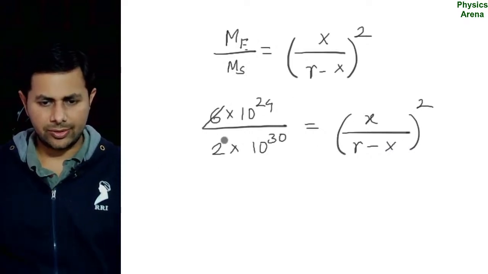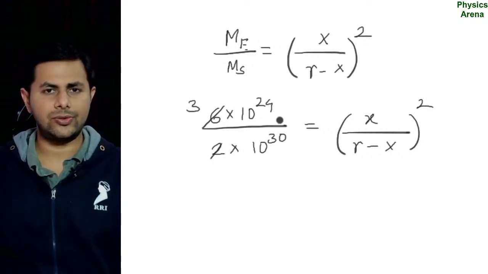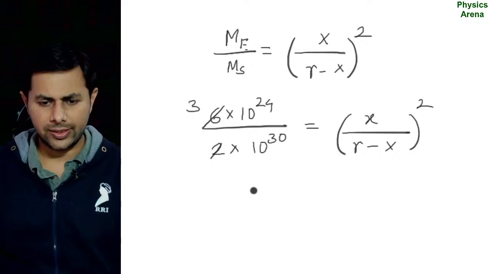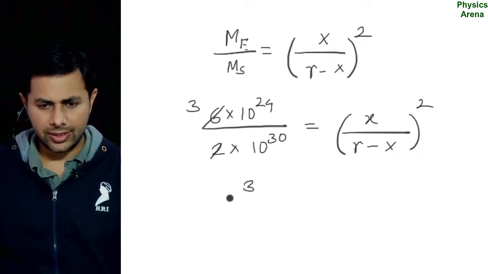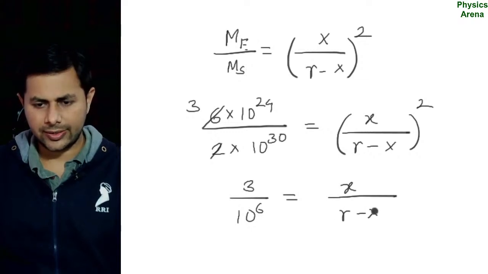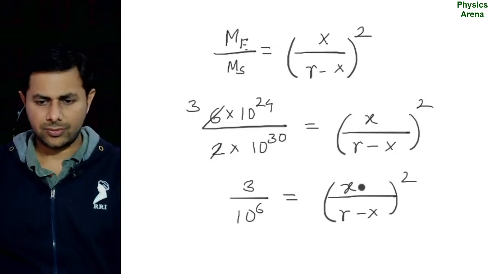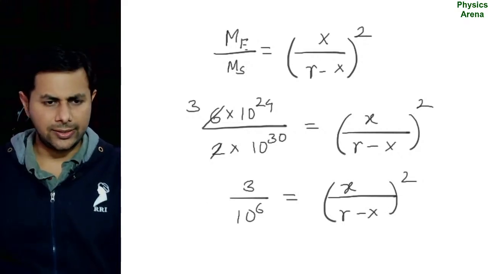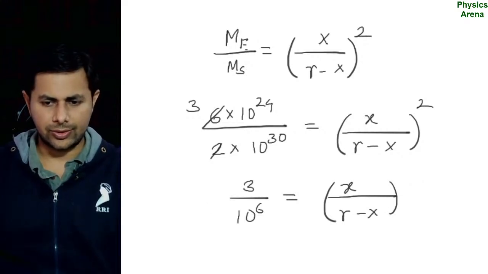Now 6 divided by 2 is 3. Then 10 raised to 30 divided by 10 raised to 24 is 10 raised to 6. So I will write 3 divided by 10 raised to 6 is equal to x divided by r minus x, squared. And if I want x divided by r minus x, I will need to take the square root.